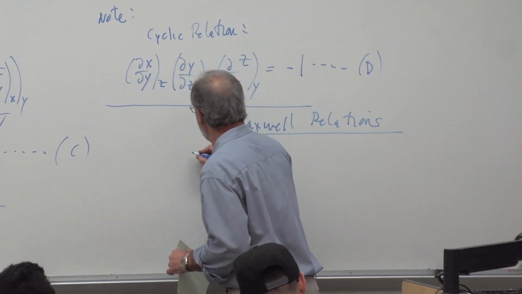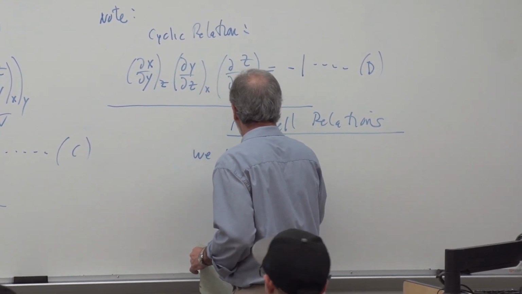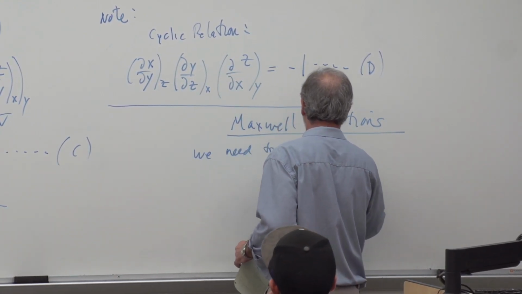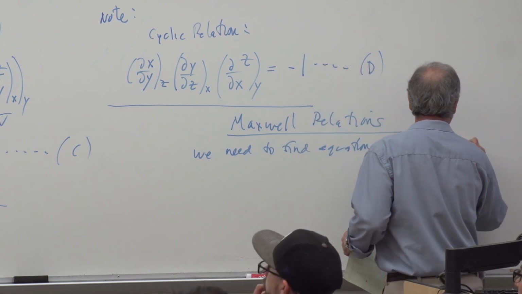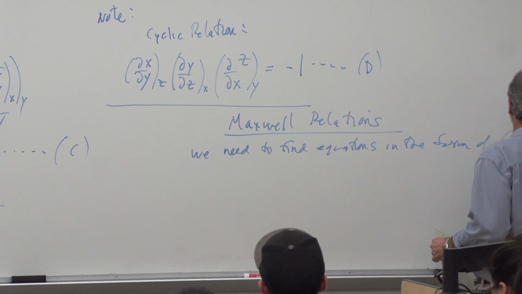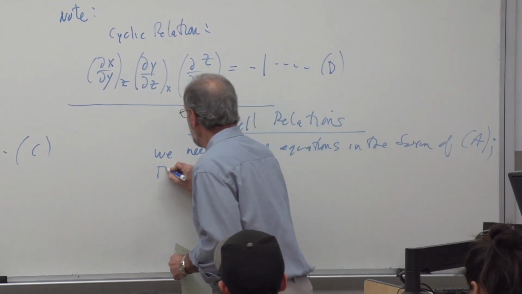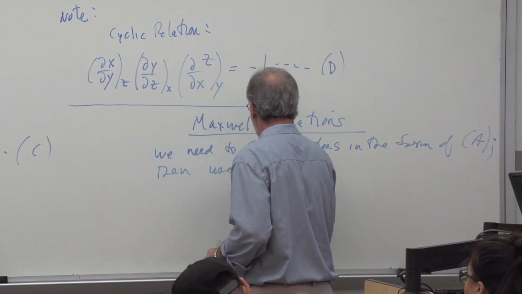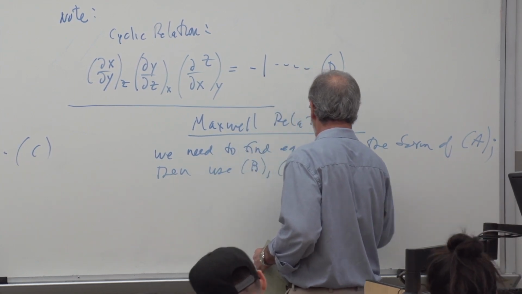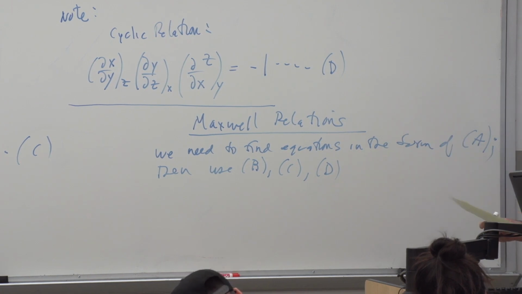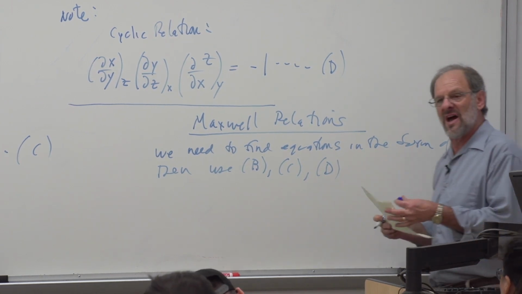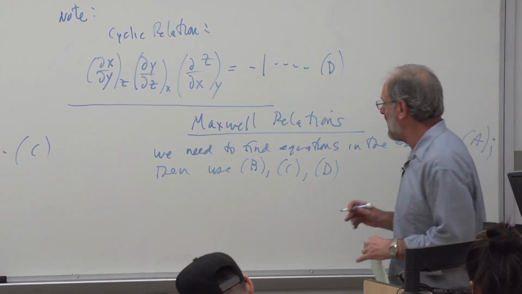So before I even do this, let me just note, we need to find equations in the form of equation A, and then use B, C, and D. Well, we're not going to use them all at once, by the way, but we could use either equations B, C, or D to find the relationships between the various properties.